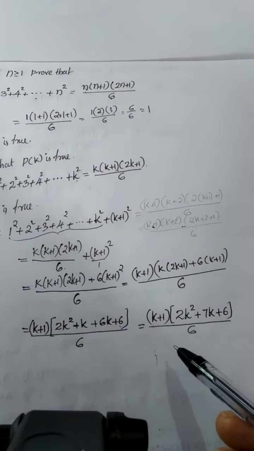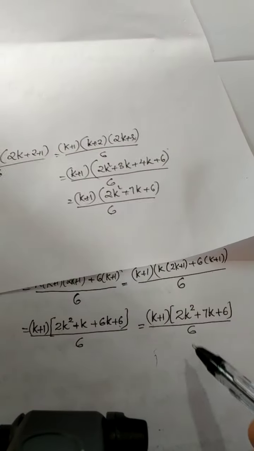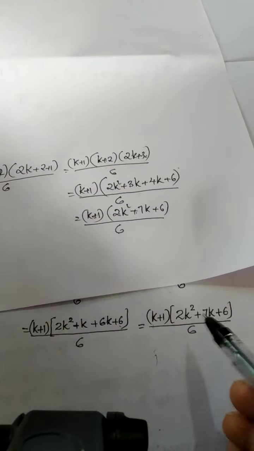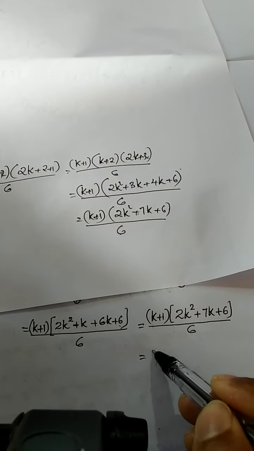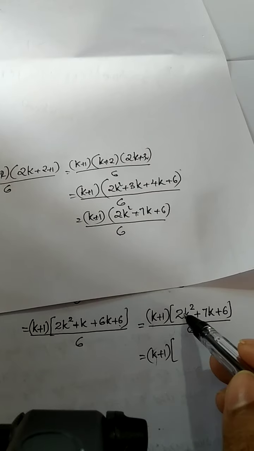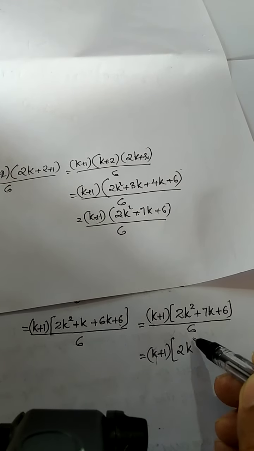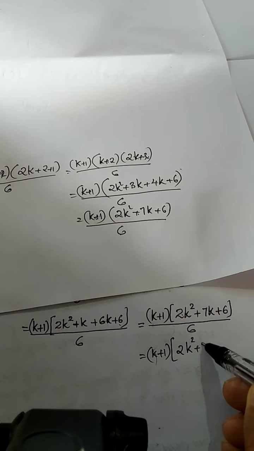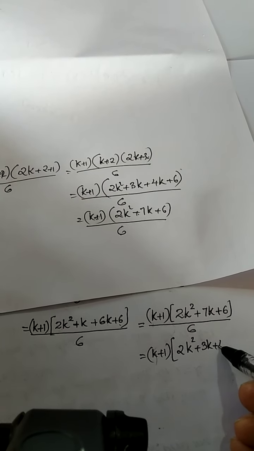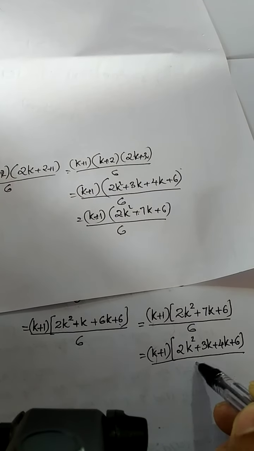What do we have? The same term. Look at that, we get the same term. So we can write this as (k plus 1)(2k square plus 3k plus 4k plus 6) whole divided by 6.